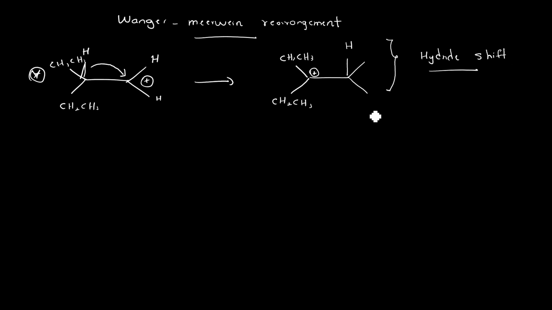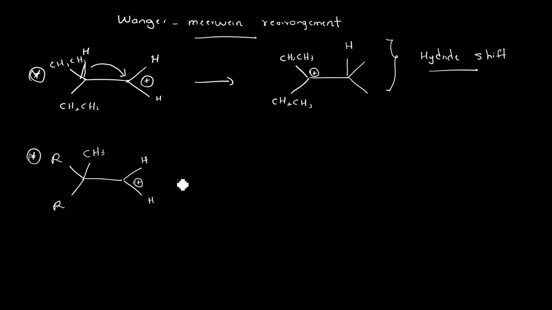Okay, great. The next thing is the methyl shift. The same thing, just with the methyl group. Let's say we have an R group over here and another R group over here, and we have a methyl group over here. Here we have a hydrogen and a positive charge.